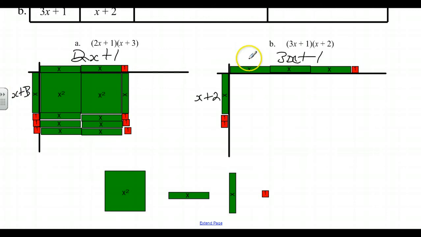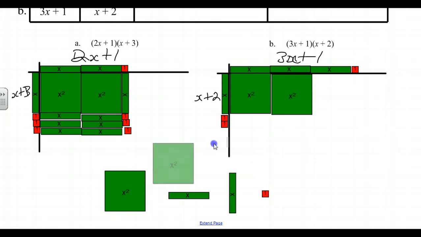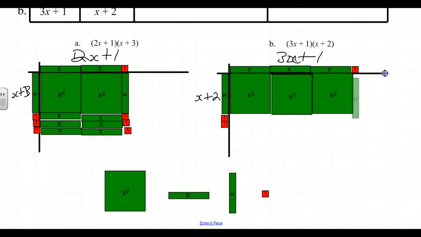Okay, so now I want to go fill this in area-wise. So we can fit an x squared block here, another one here, another one here. I can go with an x that will fit in here.